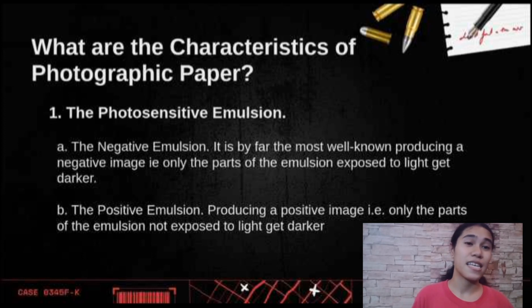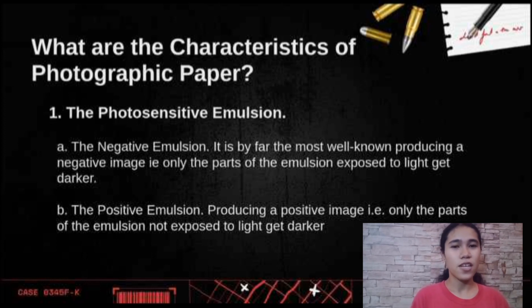Atong gidiscuss ni Seychelles Basal. While ang positive emulsion daw, producing a positive image is either only the parts of the emulsion not exposed to light get darker. Image na siya na naa sa photo paper pero black and white iyang labas. So makita na nato, murag katong past report.